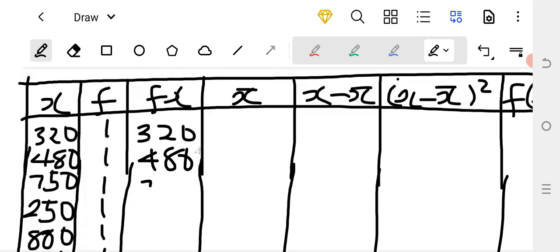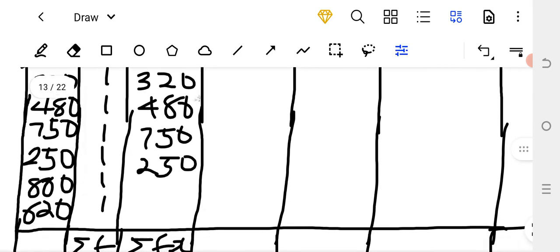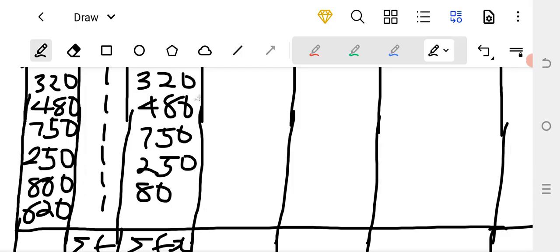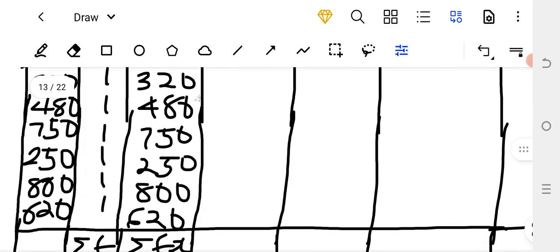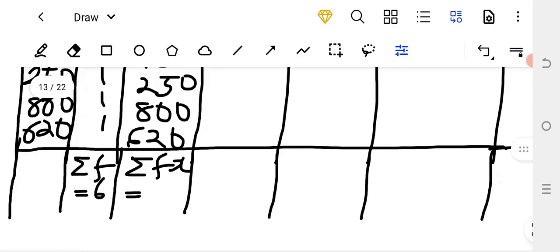320, 480, 750, 250, 800, 620. So it's going to be 620 plus 800 plus 250 plus 750 plus 480 plus 320.